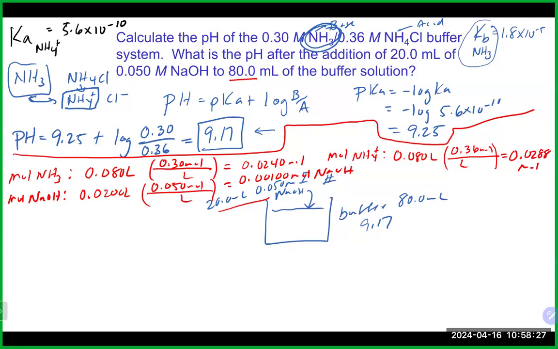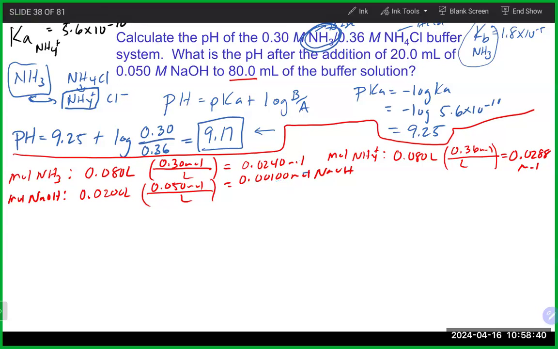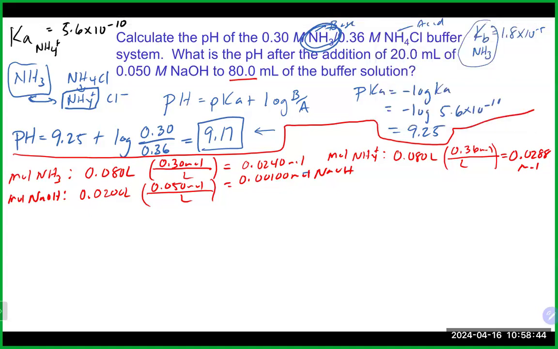All right, so I'm going to move my beaker out of the way here, I think. There we go. All right. So now when we add our sodium hydroxide to this buffer, the sodium hydroxide is going to react with the acid part of the buffer or the base part of the buffer. Sodium hydroxide is a base, which means it should react with the acid part of the buffer, which in this case is our ammonium chloride.